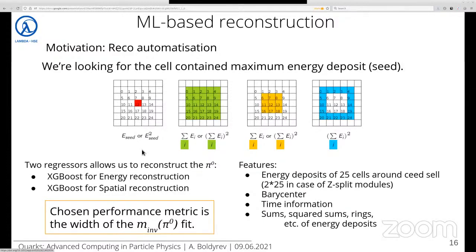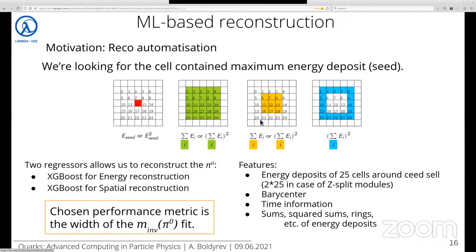In this approach, we are looking for the cell containing the maximum energy deposit, or we call it the seed cell. Once the seed cell is found, we record energy deposits in 2 layers of cells of the same granularity around the seed cell. These are basic features for the regressor. To reconstruct both the energy and position of the particle, we use XGBoost, or extreme gradient boosting on trees.